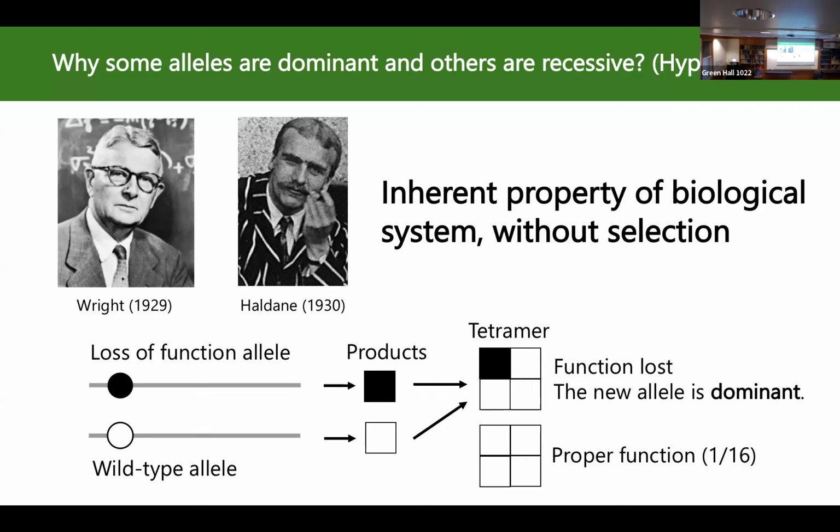So in both cases, the dominance between alleles is determined by the process of phenotypic determination. It's a feature of the biological system, and it occurs without selection.